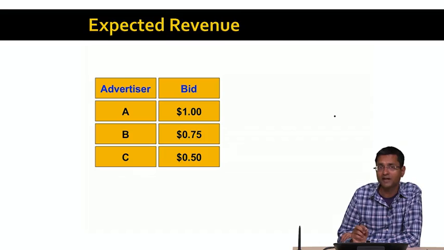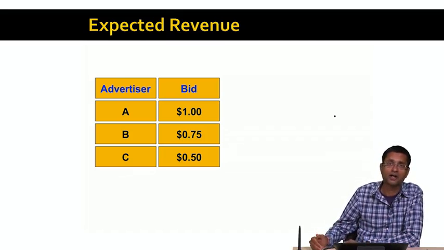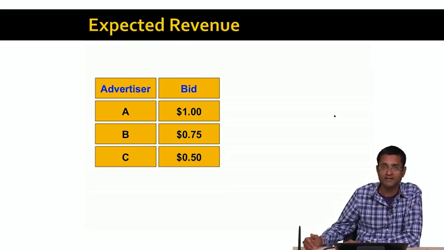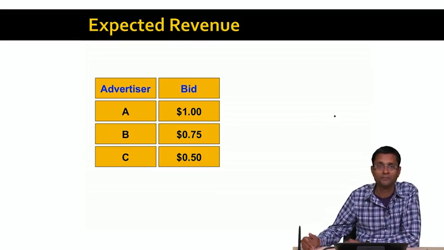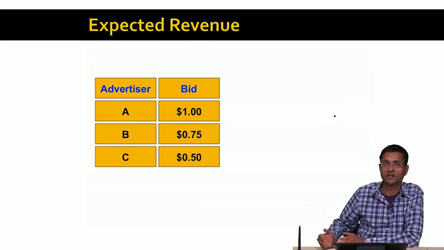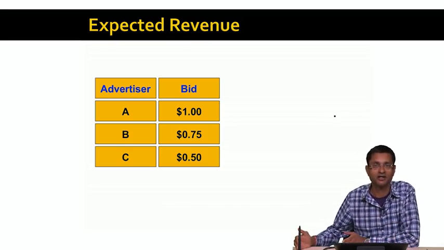Remember now, these are bids per click. So if the search engine decides to show advertiser A's ad, then advertiser A pays if there is a click at that time. The advertiser A doesn't pay anything if the user doesn't click on the ad, but the ad just gets shown. Now, the search engine doesn't know a priori whether the ad is going to get clicked or not.